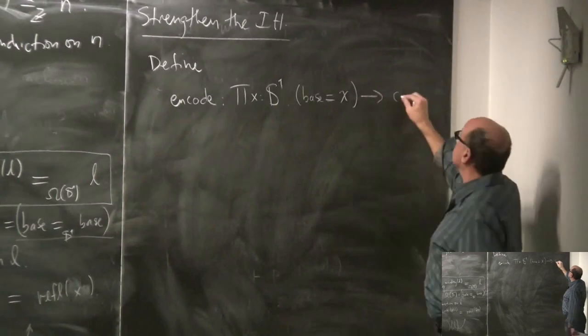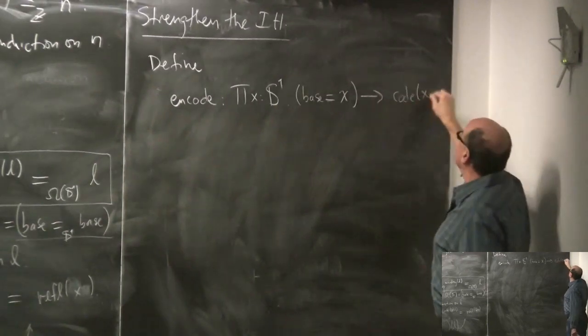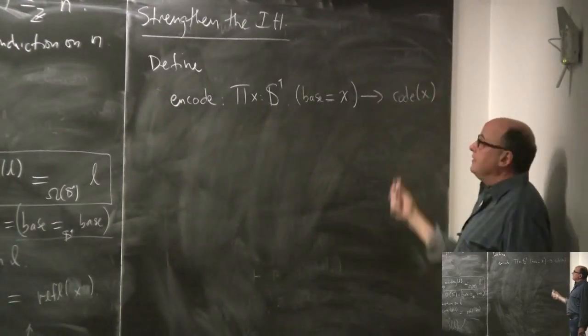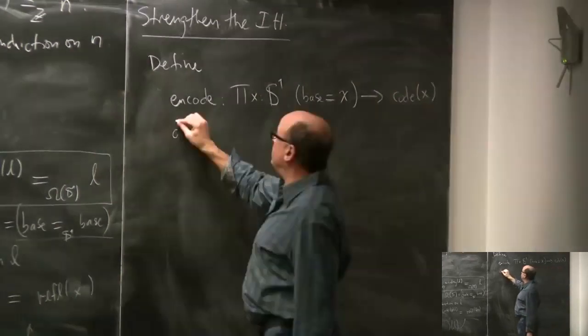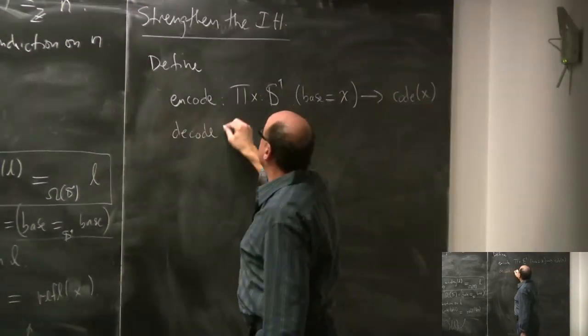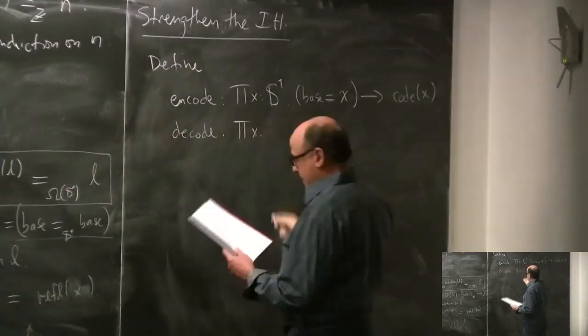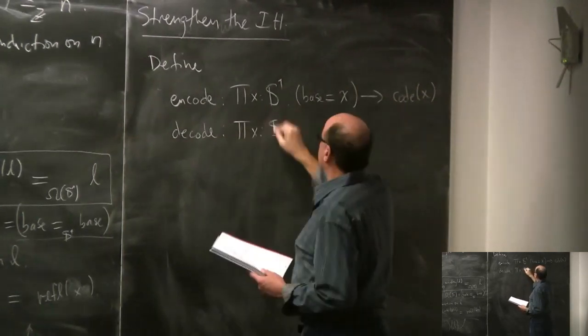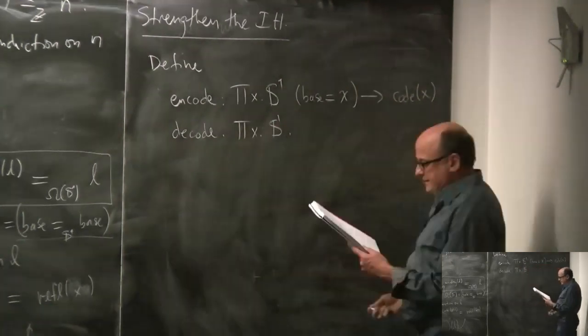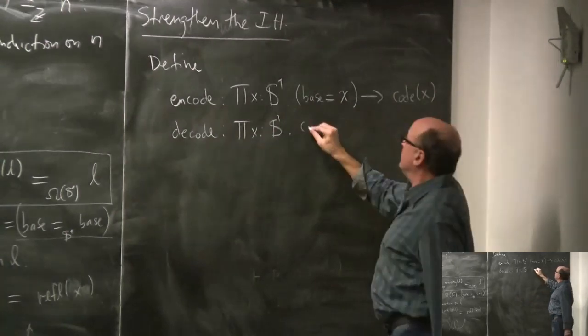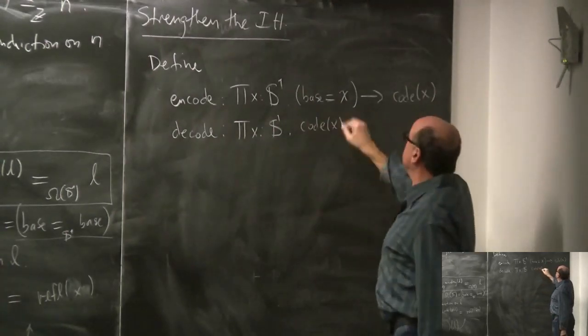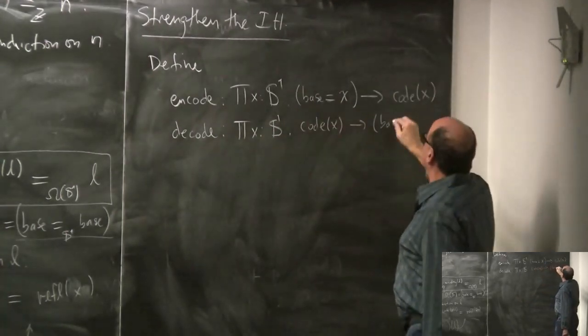So we can define it like this. So we define this, which is code of x, okay, like that. And we define decode, which takes x in the S1. So the point is the for all x's now here. And this goes code of x, arrow base equals x.